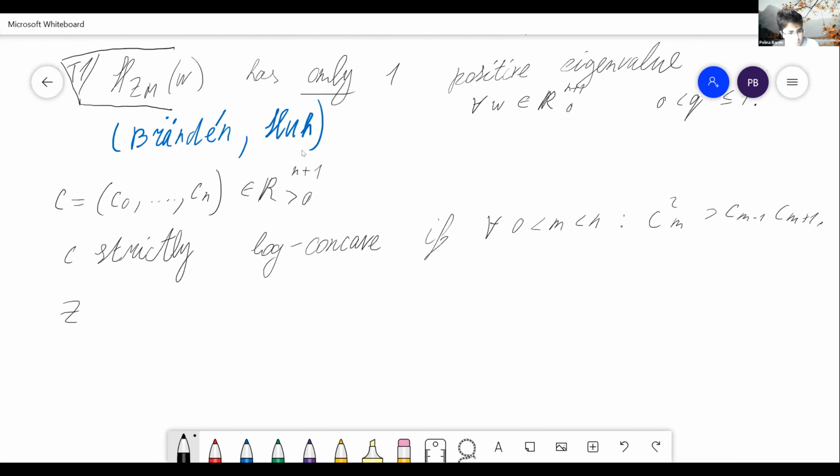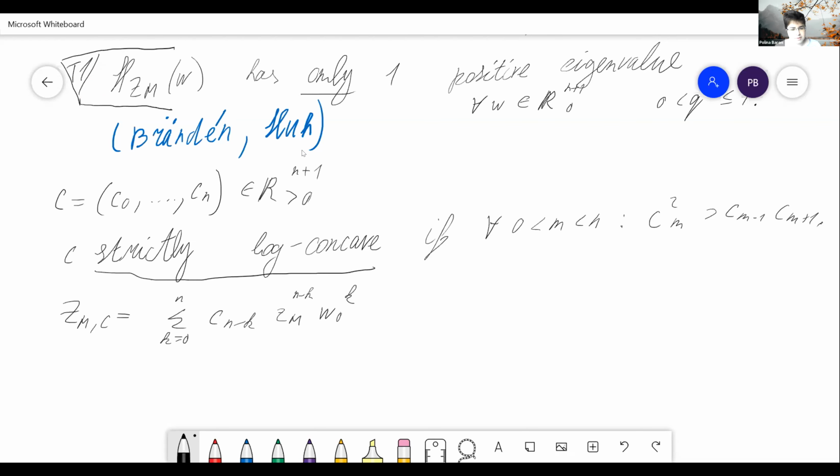Namely, we will apply the strictly log-concave sequences with polynomials, and we will write almost the same formula, but with the strictly log-concave sequence as a weight.